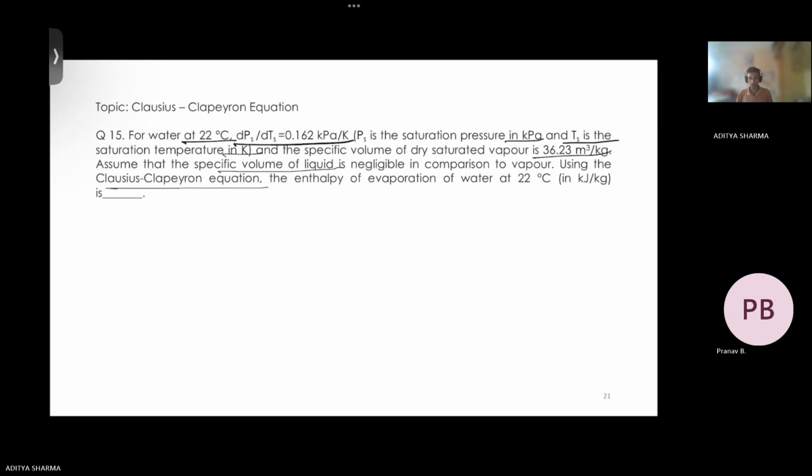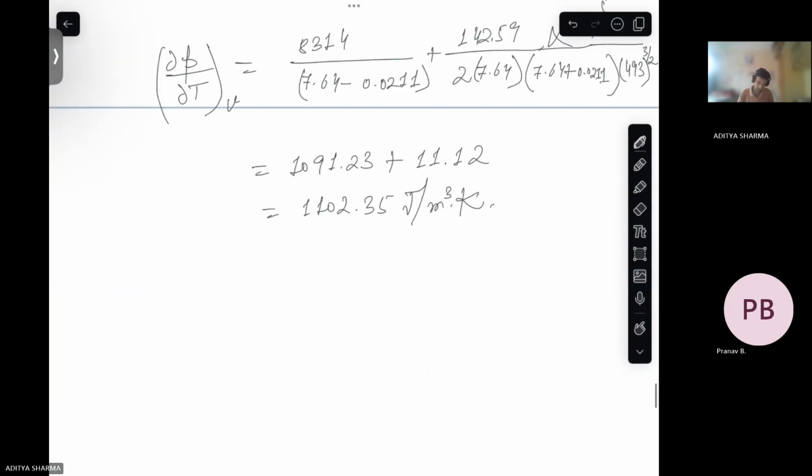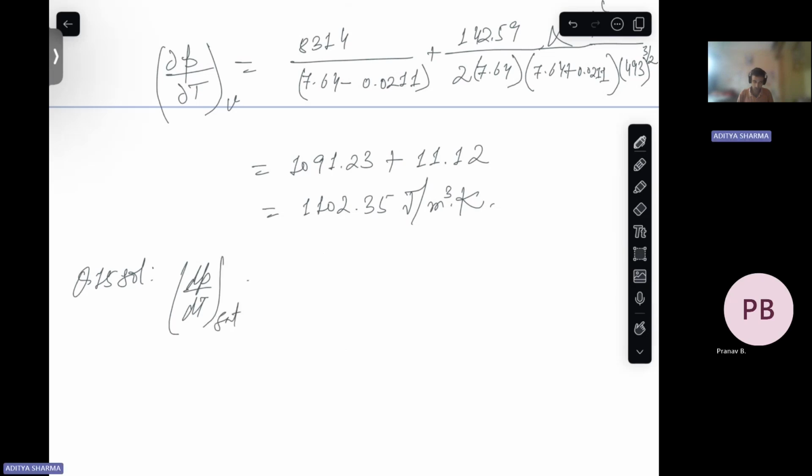So the Clausius-Clapeyron equation. dP by dT saturated equals the enthalpy of evaporation.